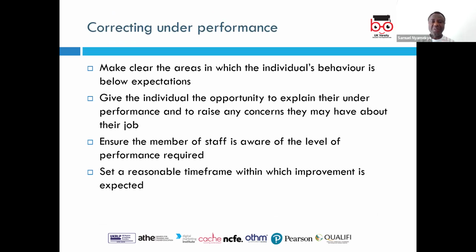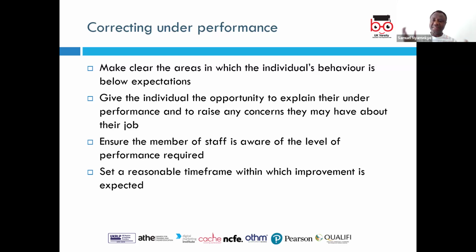So when you finish this, we are saying that it's important for you to look at how to support. So if you see somebody who is underperforming, how are you going to support the person? You make clear the areas in which the individual's behavior is below expectation. Make it very clear to them.